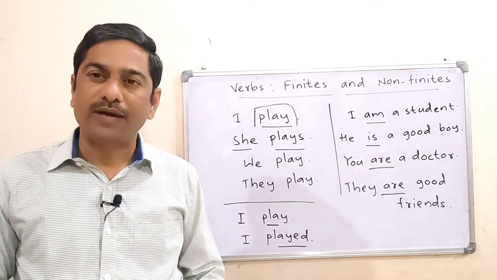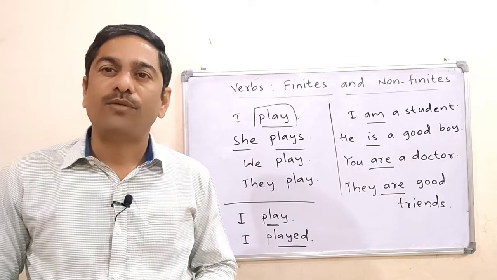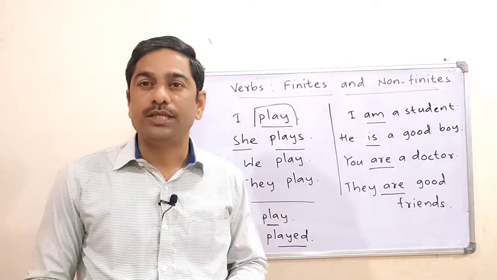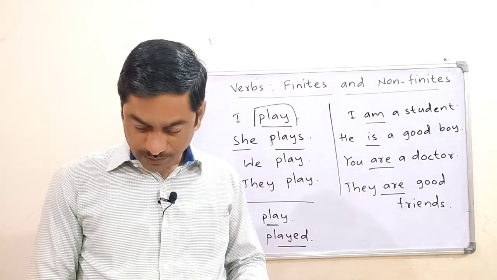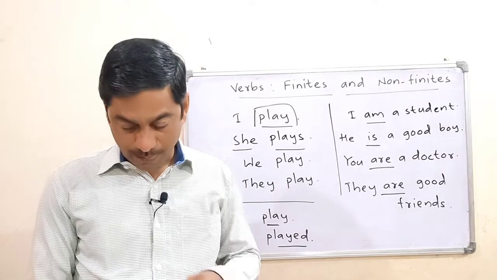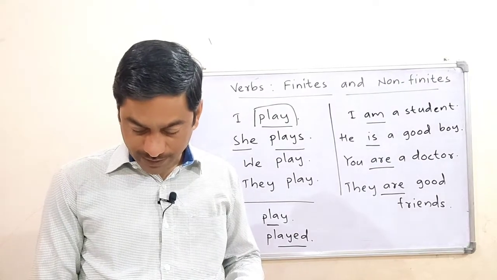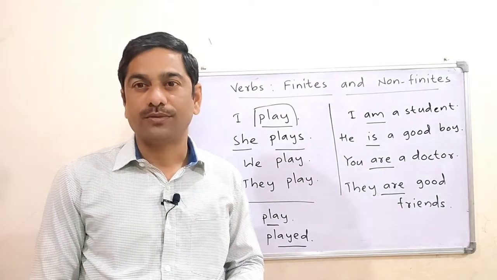In short, finite verbs have a subject and their form changes if you change the number or person of the subject. That is a finite verb. So I think you have understood what is a finite verb.